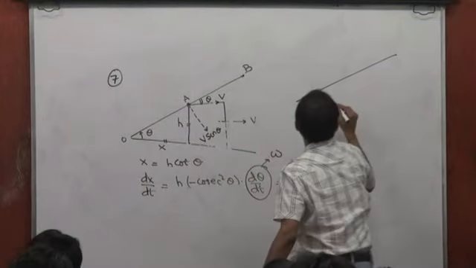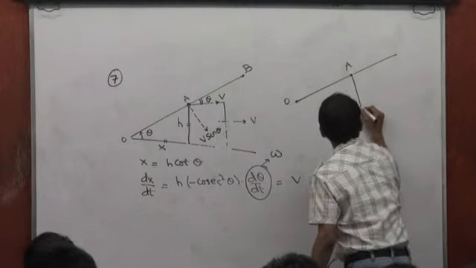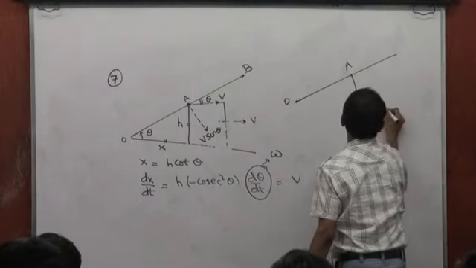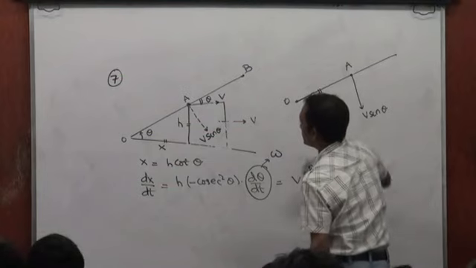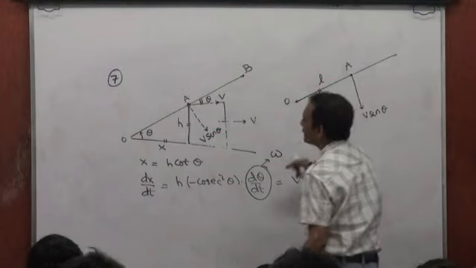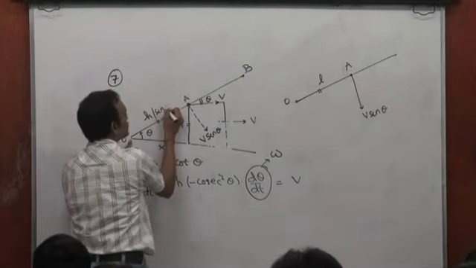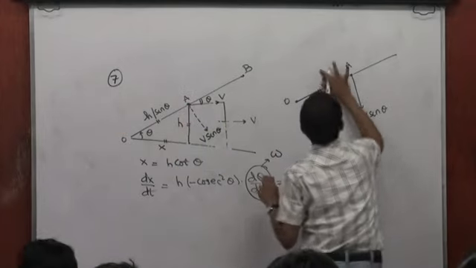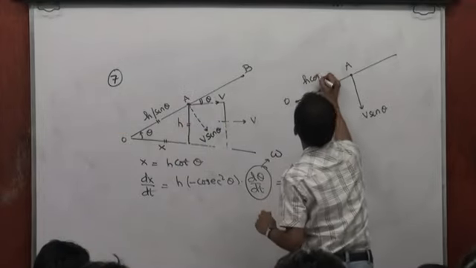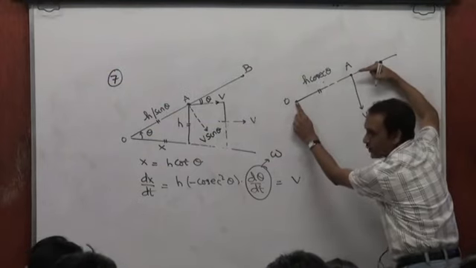You realize that? So now look at the rod OA. This point A has a velocity v sine theta, and this length is L. In fact, this length is h by sine theta, h cosec theta. Right? So now on a rigid body, velocity of this point is 0.